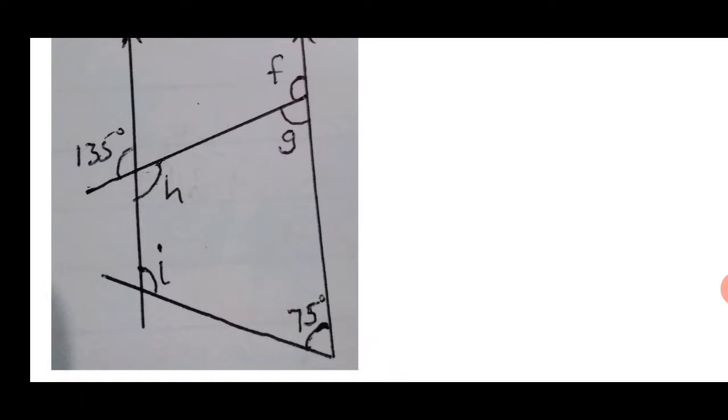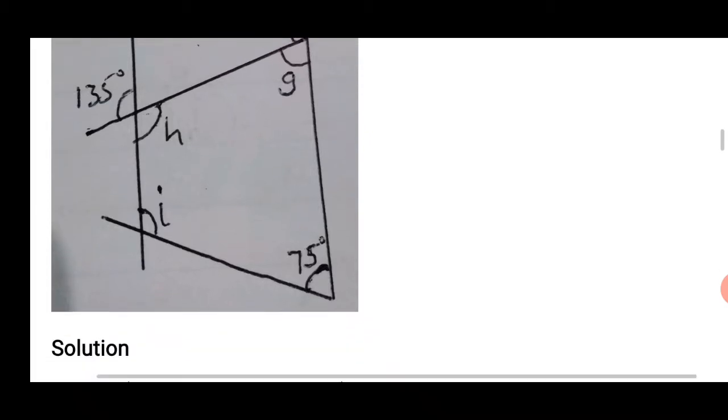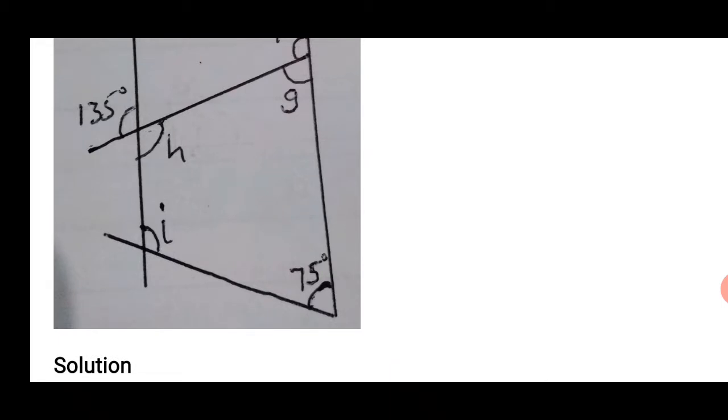If you look at the diagram, there is formation of a quadrilateral. You look at this line that cross the parallel lines, they form a quadrilateral with the parallel lines. Inside the quadrilateral, we have 4 angles. You know, a quadrilateral usually have 4 angles.